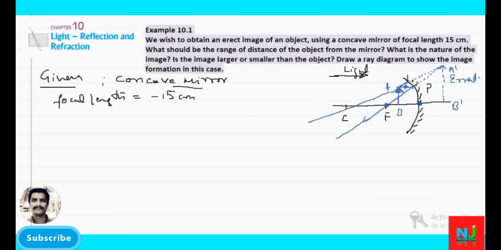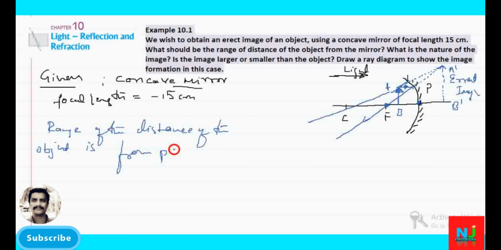The image is erect. So what is the range of the distance of the object? Remember, the range of the distance of the object is from P to F. It is clear.